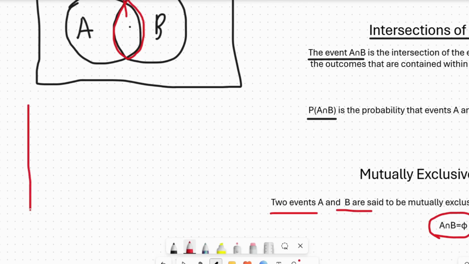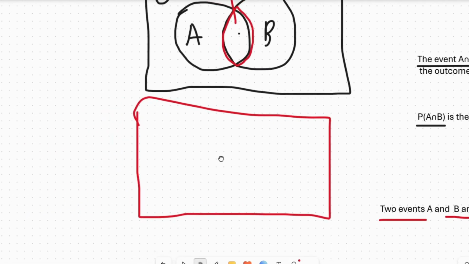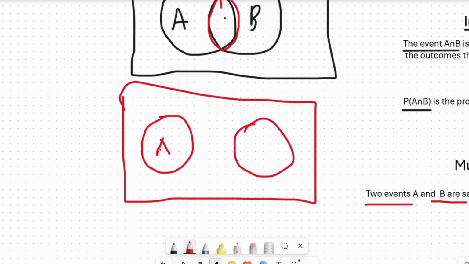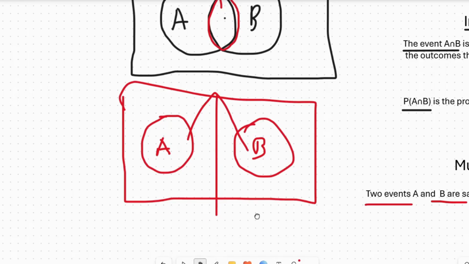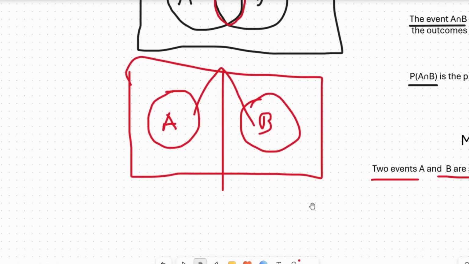For example, we take another set. Here is A and here is B. There is no value common between A and B, so we call this a mutually exclusive event. A and B are mutually exclusive events if they do not have similar values.